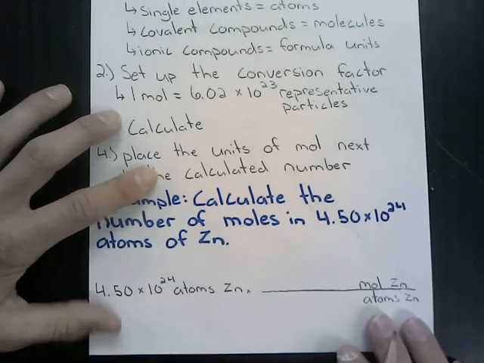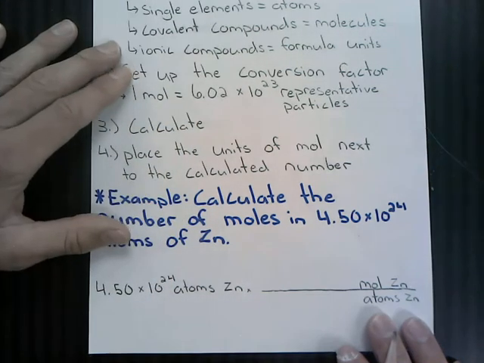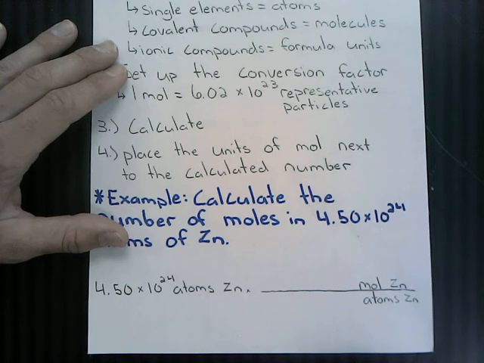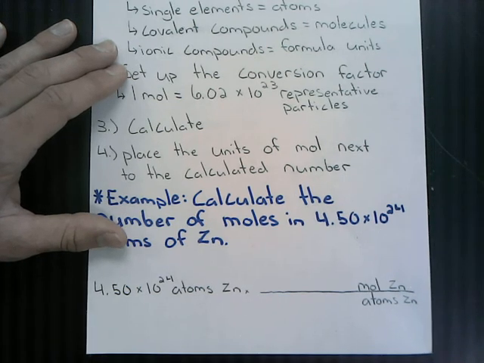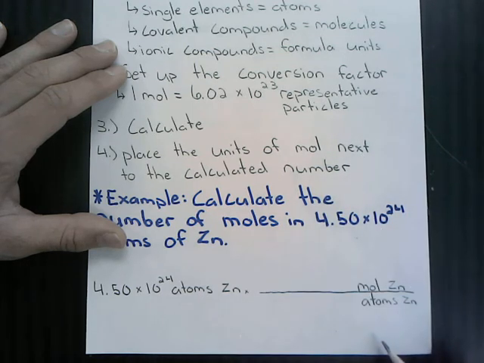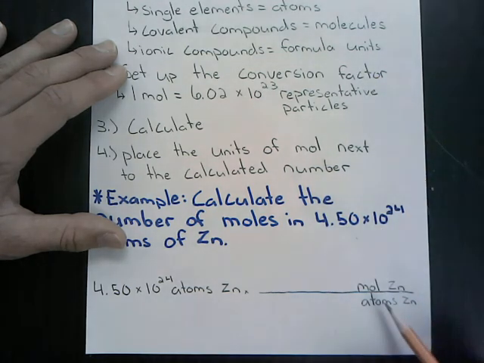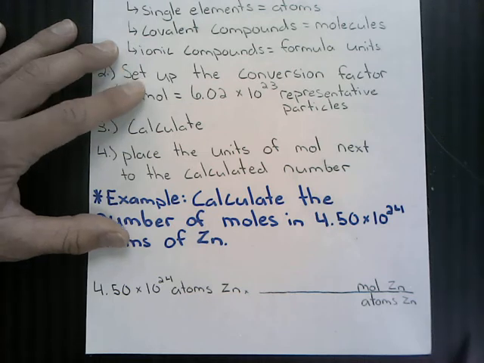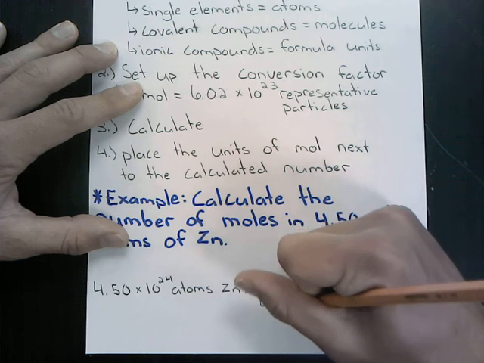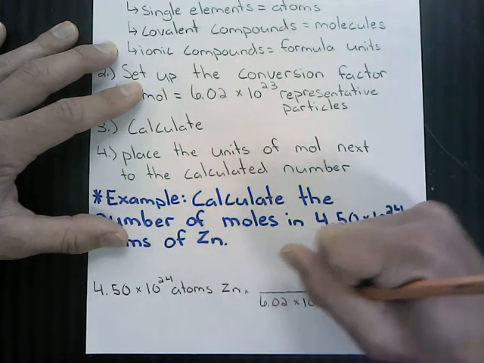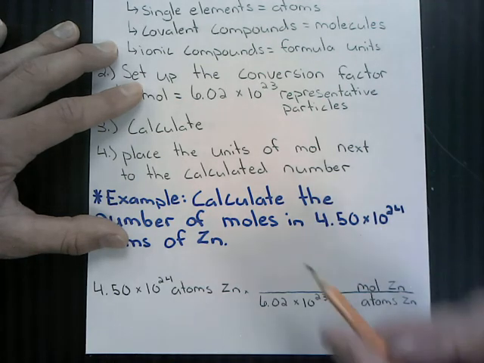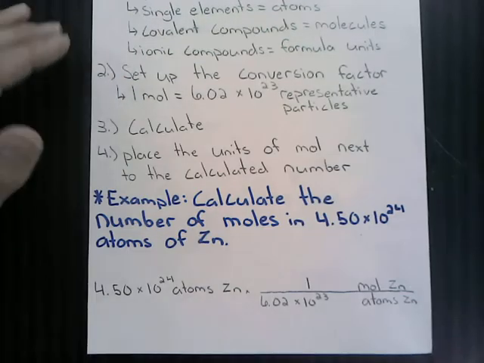Now, where we get our number is right up here in step 2. 1 mole of anything is equal to 6.02 times 10 to the 23rd representative particles. And remember, we're dealing with an individual element, so we call that atoms. That's why we placed atoms down below. So again, we have 6.02 times 10 to the 23rd atoms. And on top, we have 1 mole.